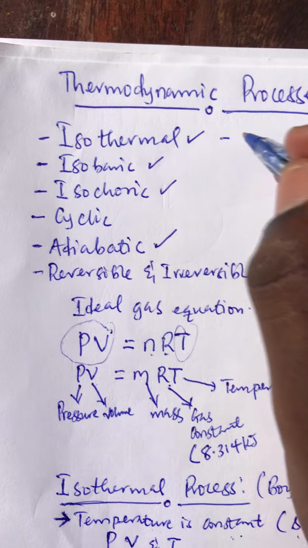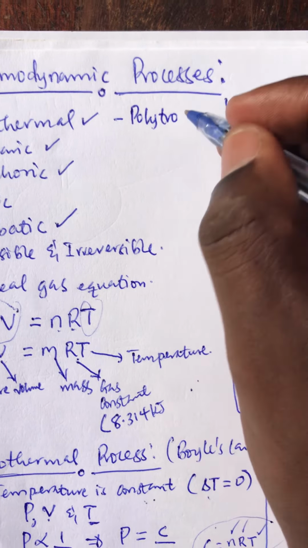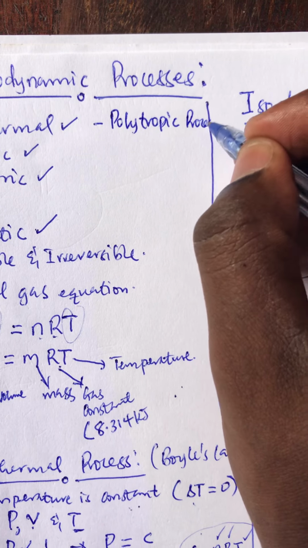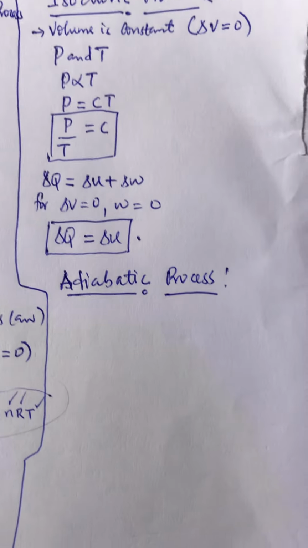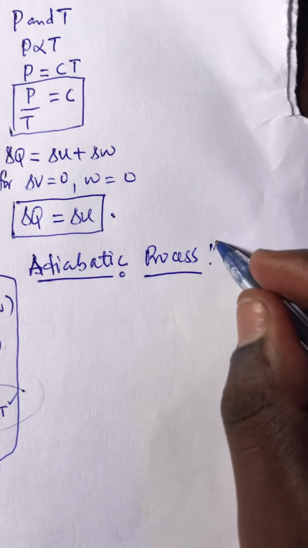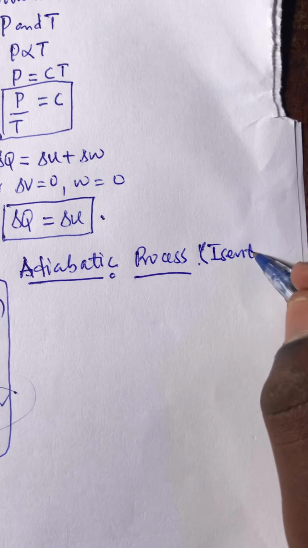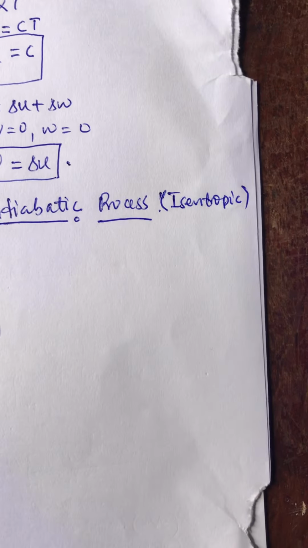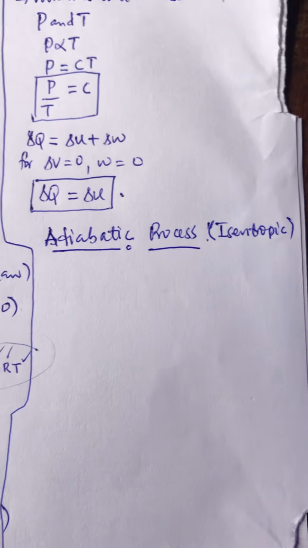Under the processes, I'm also going to add what we call the polytropic process. That is another process. Another name for the adiabatic process is isentropic. So you can find they can bring adiabatic instead of isentropic. So that is another name.